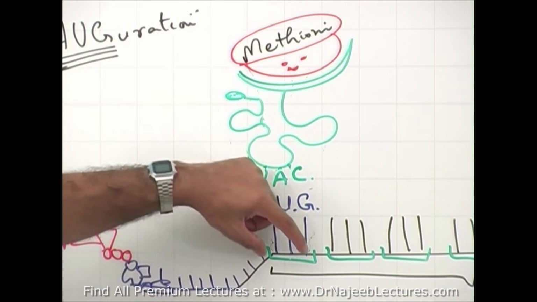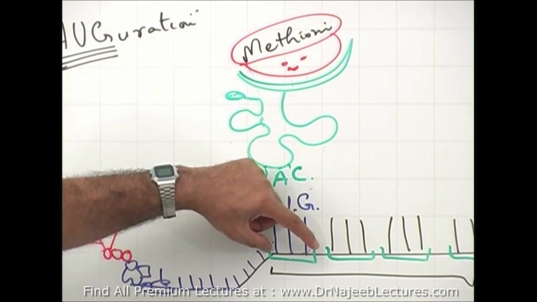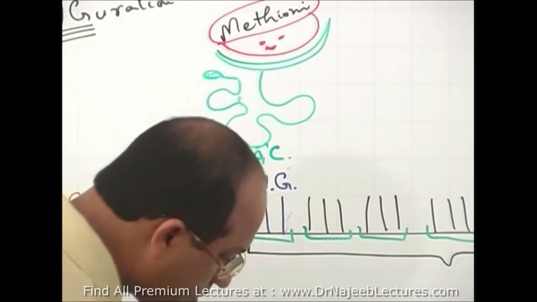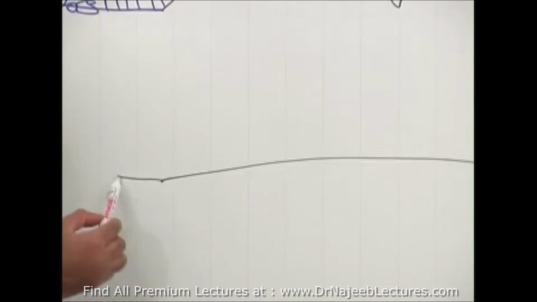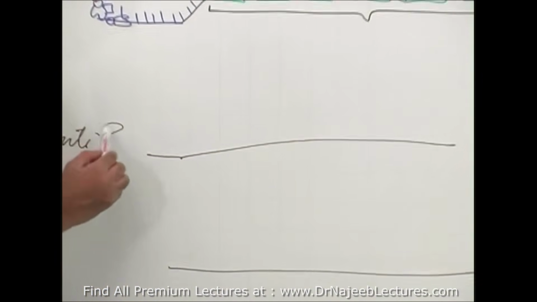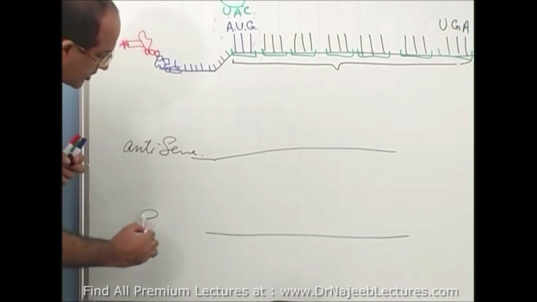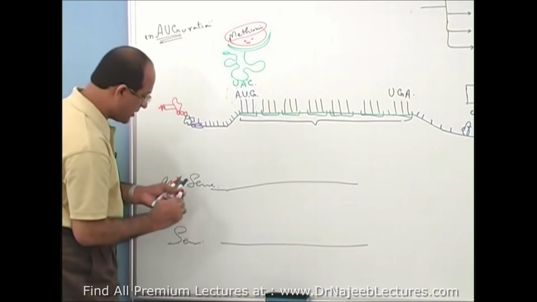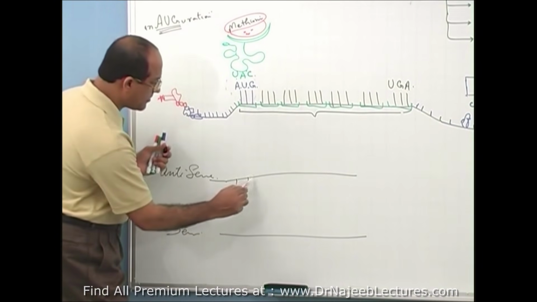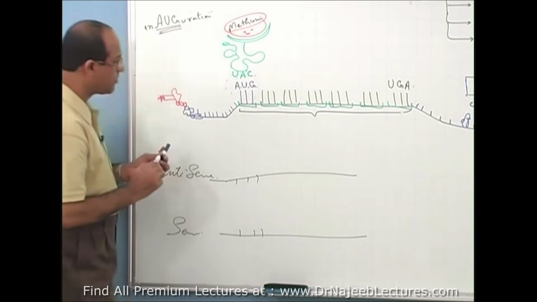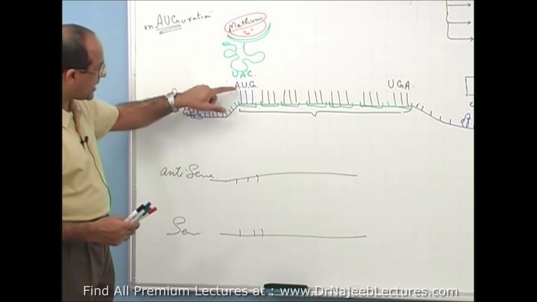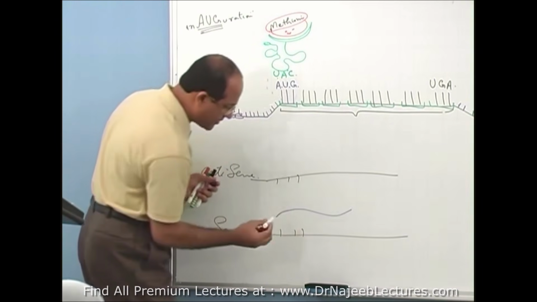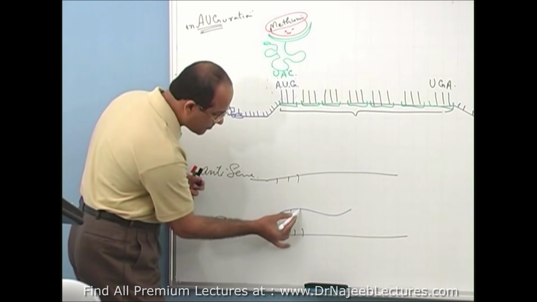But originally from where it came to the messenger RNA, this message? It came from DNA. So let's talk about DNA. In the DNA we can make 2 strands. Let's suppose this is the antisense strand and this is the template or sense strand. Now if this is the template, what was really there?